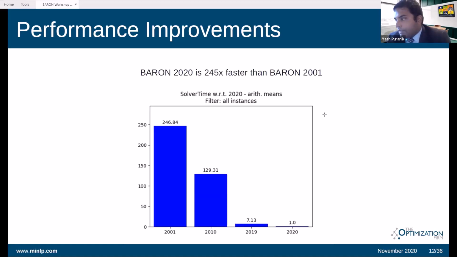We did some similar tests where we compared the performance of Cplex back in 2001 to today on the root node polyhedral relaxations that we solved. And of course, we noticed a significant improvement in Cplex's performance. But our test showed that Cplex was about 5 times faster today than it was back in 2001 on the kind of problems we solved within Barron. So even if we attribute, say, 5 times or 10 times improvement to improvement in the local solvers, a lot of the remaining improvement comes from improvements in the Barron core algorithm.